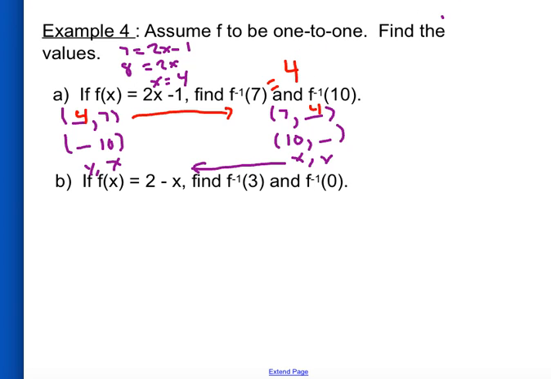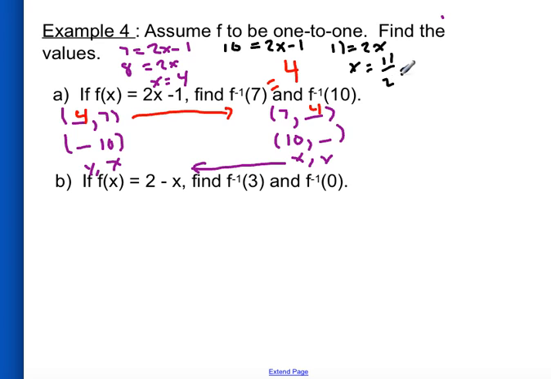So now let's do the other one. So kind of working through this. Now my value down here is 10. I'm going to plug that in for my y. So 10 equals 2x minus 1. I can add 1 to both sides. I get 11 equals 2x. Divide by 2, and x is 11 halves.